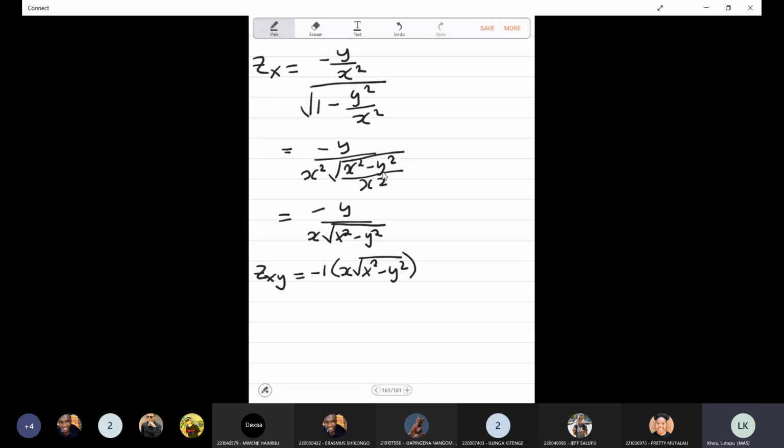Okay, so we have... Miss, for me, I didn't get that one, Miss. Which one? Guys, this is algebra. There's no way you can tell me you don't know how to simplify this.